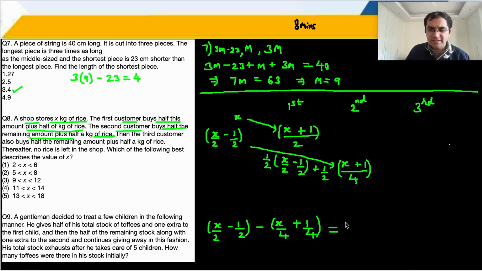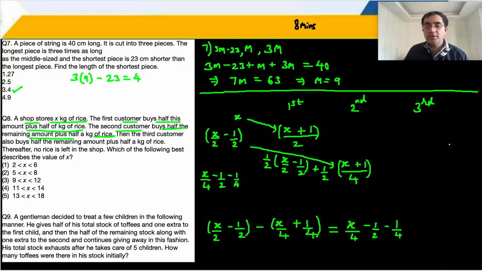So X by 2 minus X by 4 is X by 4, minus 1 by 2 and minus 1 by 4. So this is what he is now left with. X by 4 minus 1 by 2 minus 1 by 4. All right.